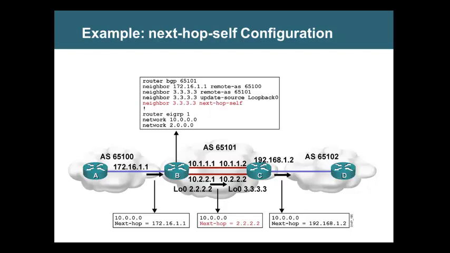Is this clear, sir? Sir, I'll explain to you. If you see, without this command on B, C will receive the next hop 172.16.1.1.